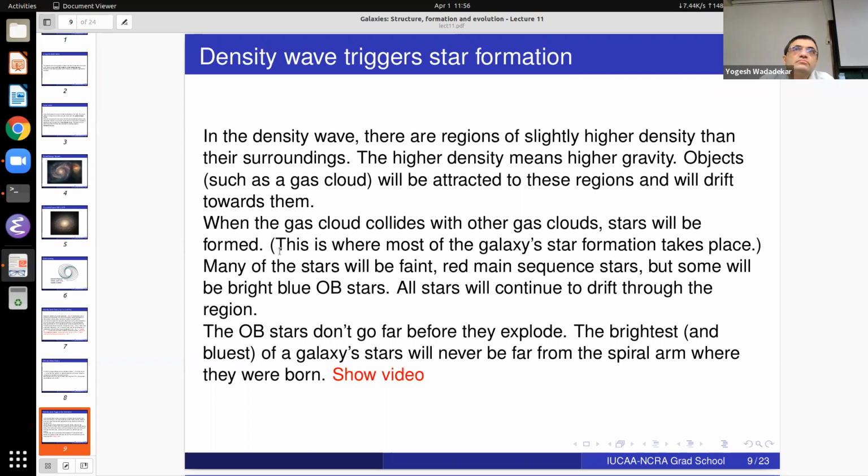So what is causing these frequencies to arise? These frequencies are arising because the disk is not completely ordered. It is not as if every star is being given a certain velocity and put on its path, right?